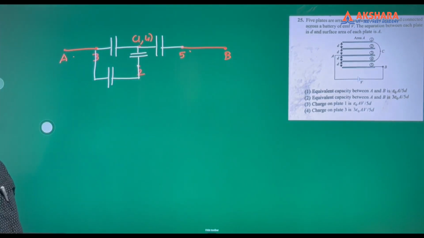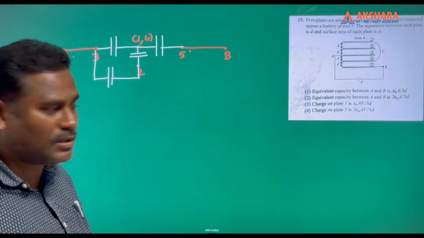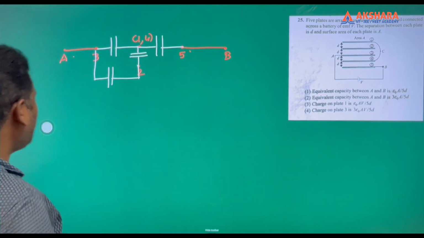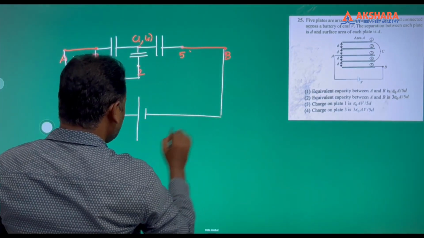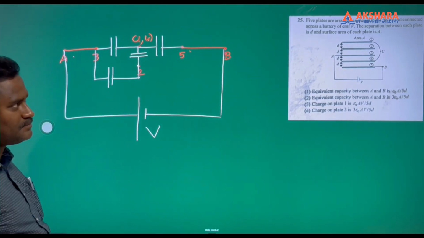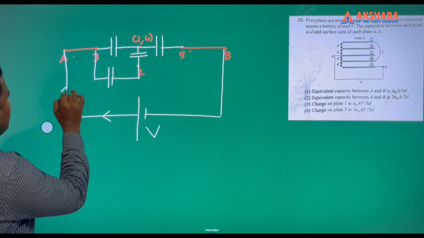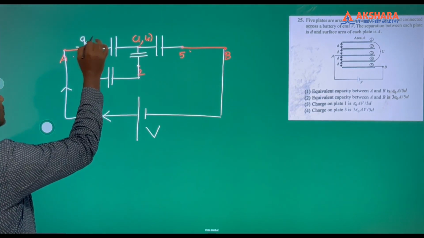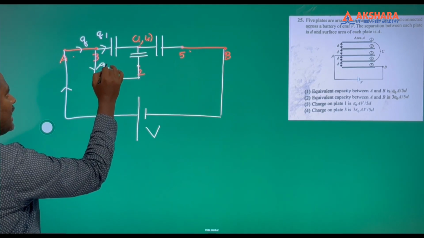Now you observe how to know which plates are in series and which plates are in parallel. For that we need to connect the system to the battery. A and B is connected to the battery. Whenever charge is supplied by the battery, for charge to flow, two routes are there, it gets divided here as Q1 and Q2.